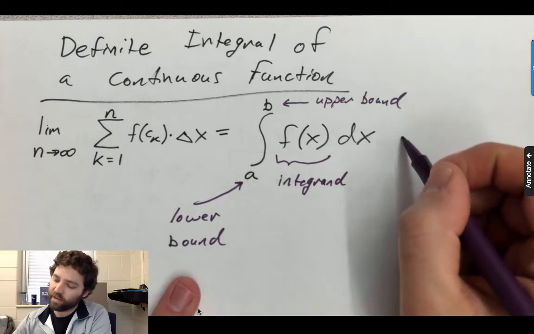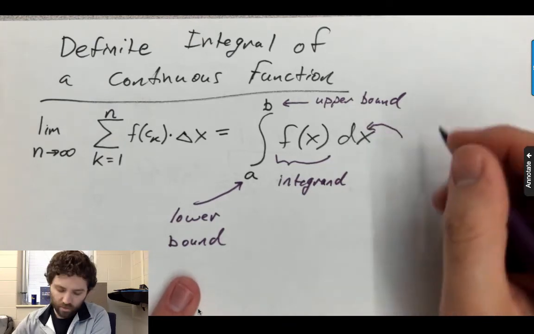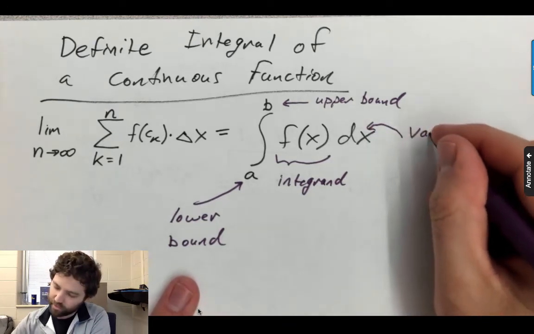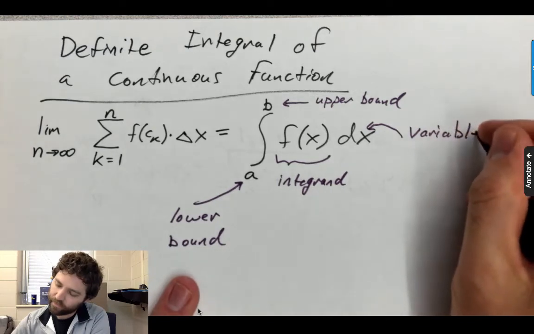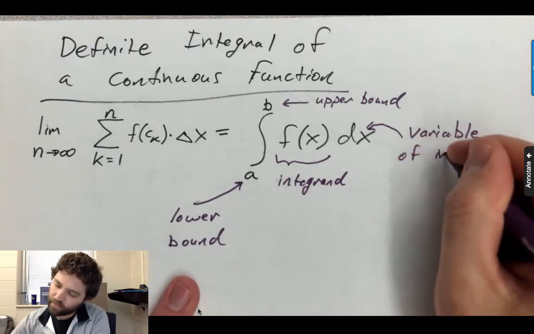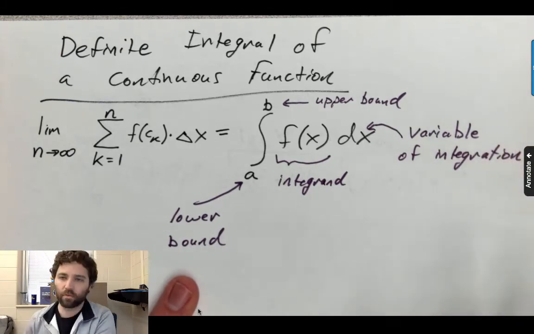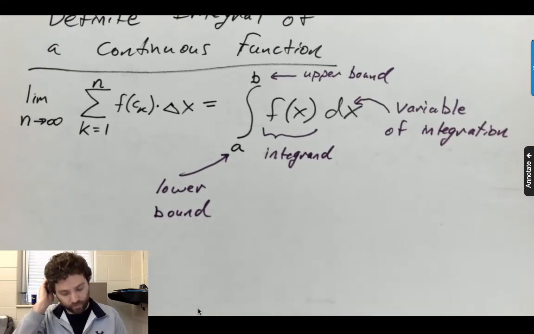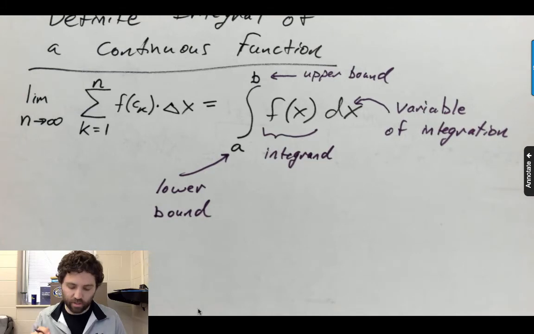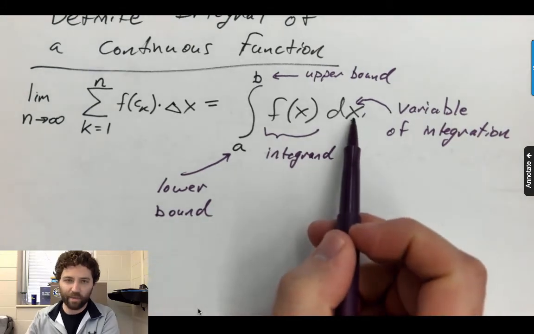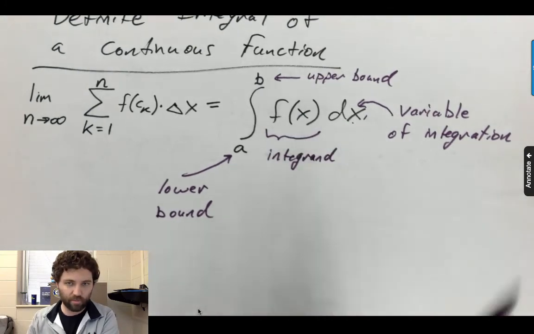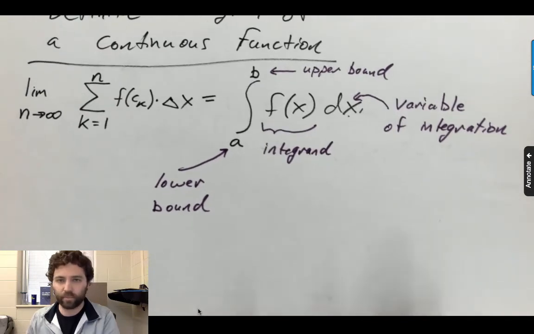This variable right here, this x, is called the variable of integration. That's really important to understand because this variable has to match whatever the function is. That'll become important later on.